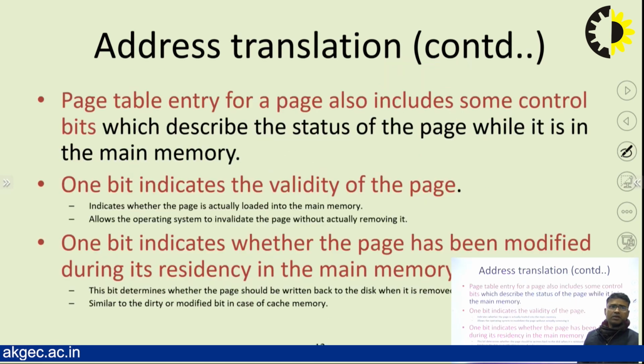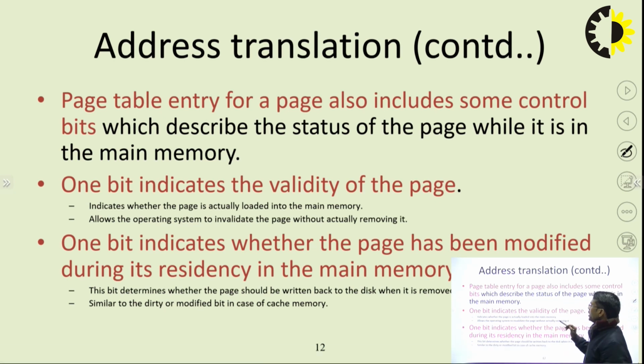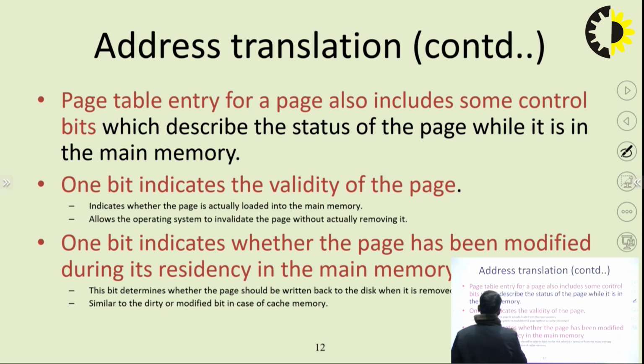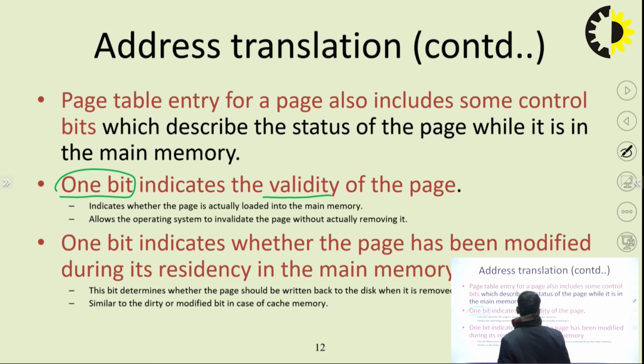So, the page table entry for a page also includes the control bits that we have already mentioned, which describe the status of the page while it is in main memory. Usually one bit in this control is talking about the validity of the page, which indicates the page is actually loaded into main memory and allows the operating system to invalidate the page without actually removing it.